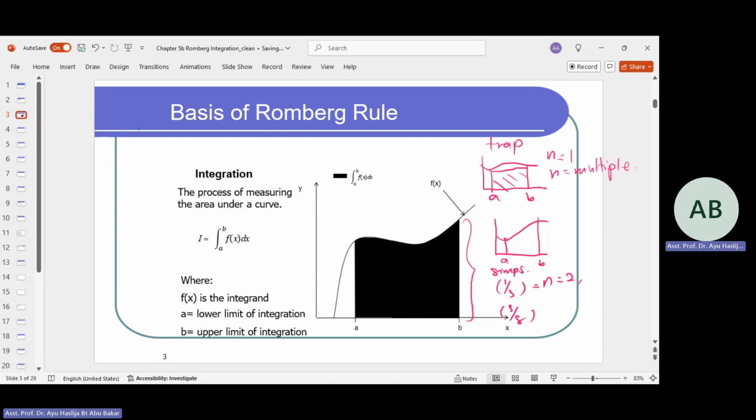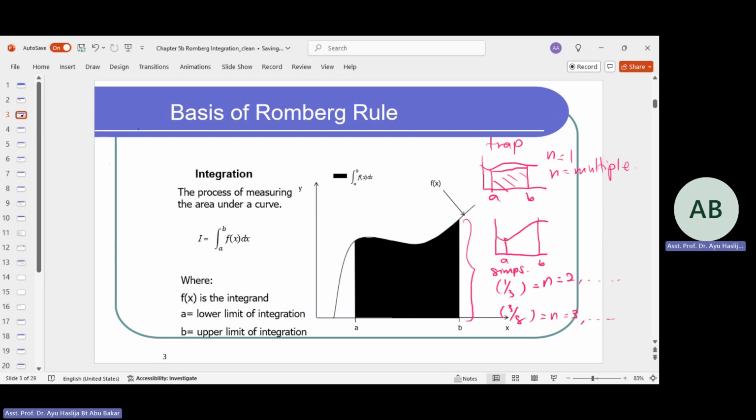For multiple, you should check what are the suitable n for multiple Simpson 1/3. And for 3/8, the minimum is 4 points, so n equals 3 is the minimum. That is Simpson and trapezoid, the ones that we did last time.